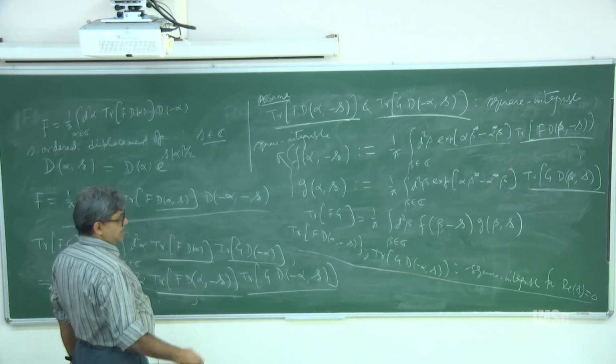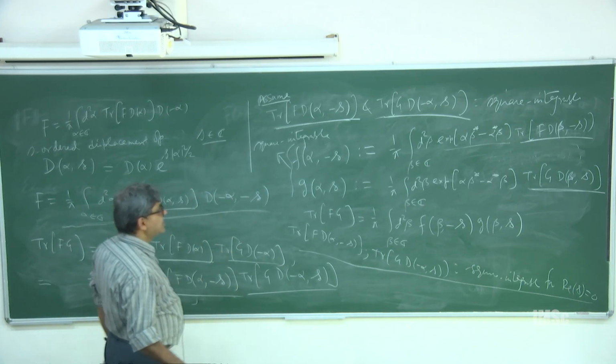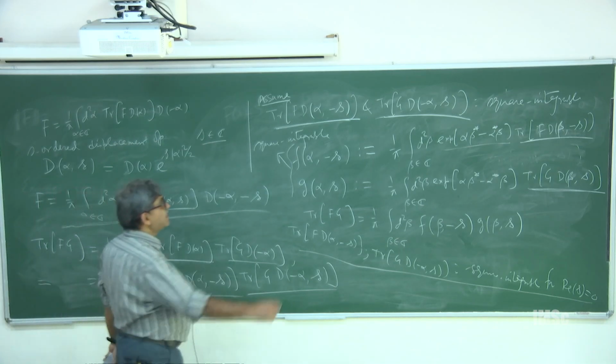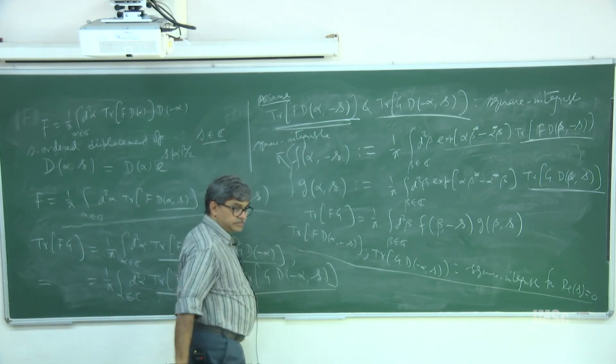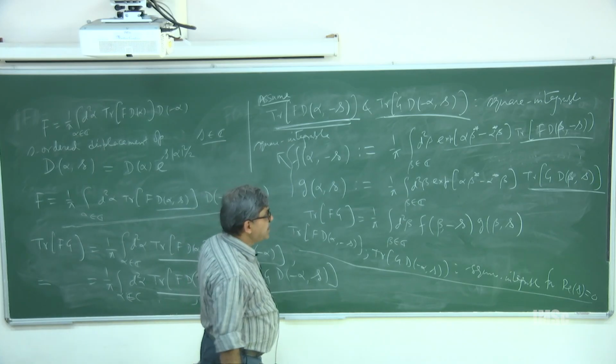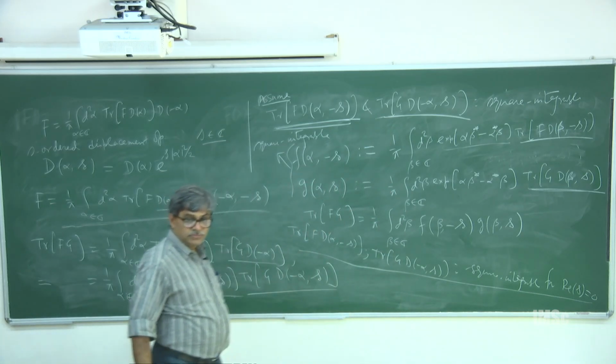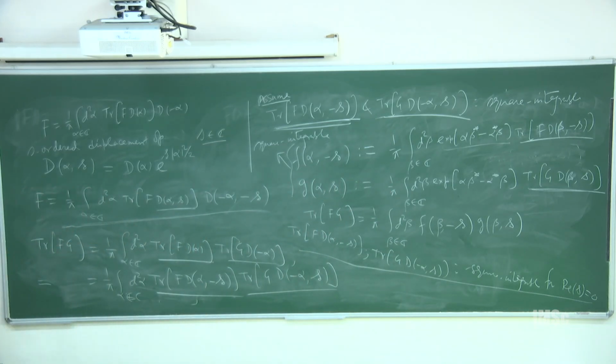Then real part of s will be either positive or negative. If it is positive, then this is square integrable. If real part of s is negative, then this is square integrable, but not both of them are square integrable when real part of s is not 0. So, one of them will be square integrable. But throughout the discussion we assume that both f and g are bounded operators.